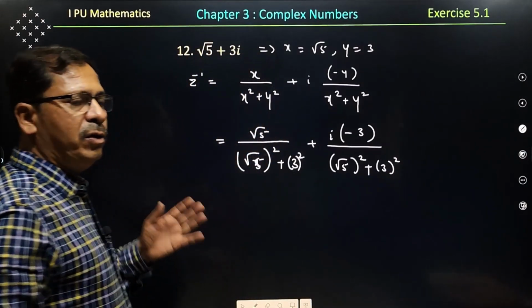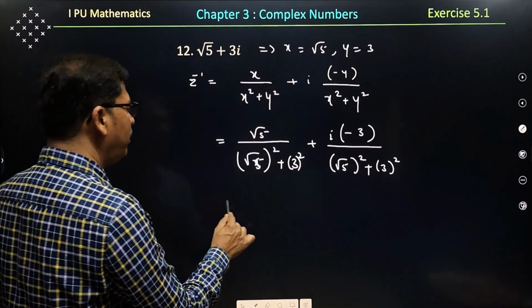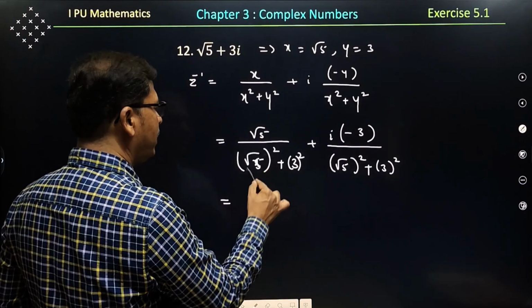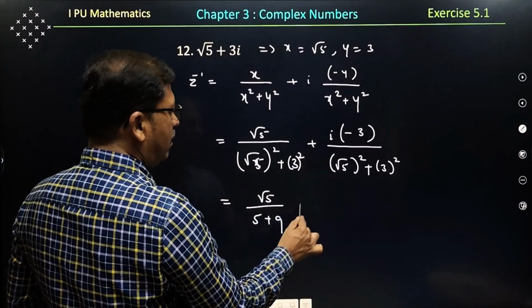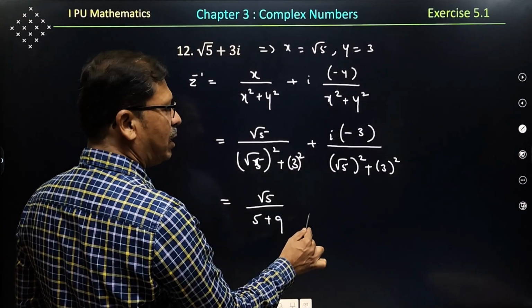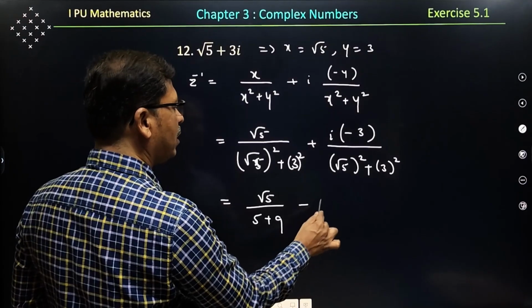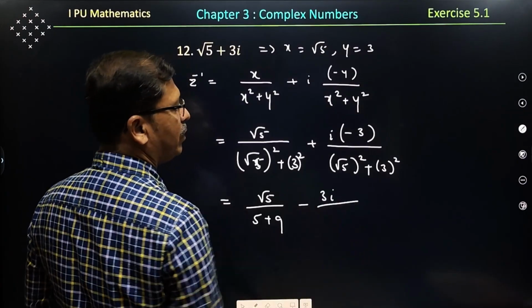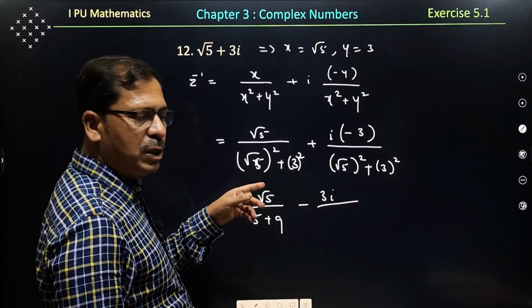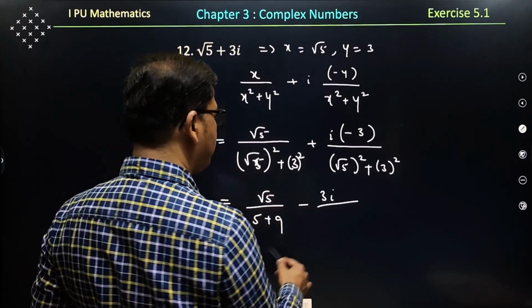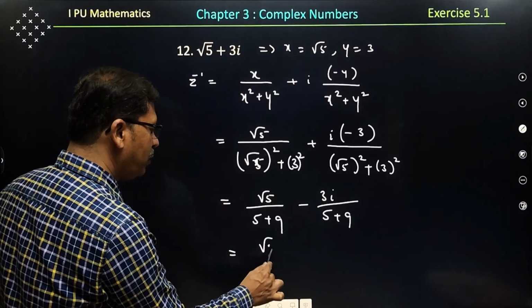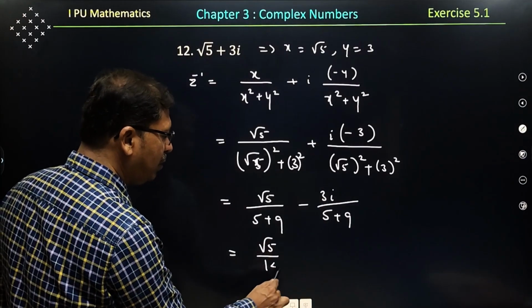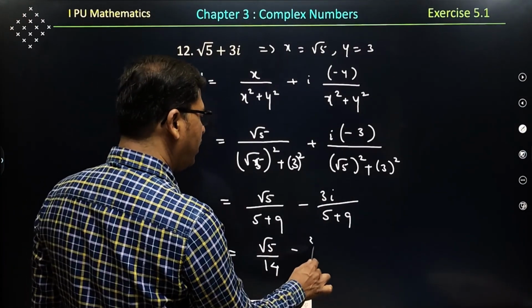Let us simplify this. Root 5 value, write as it is. Square and root cancels, 5 remains, 3 square is 9. Plus I into minus, minus you can write, or otherwise you can keep it as it is. I would like to write it as minus 3i divided by, square and root get cancelled, 5 plus 9 as before. So the answer is root 5 divided by 9 and 5, 14, minus 3i divided by 14.